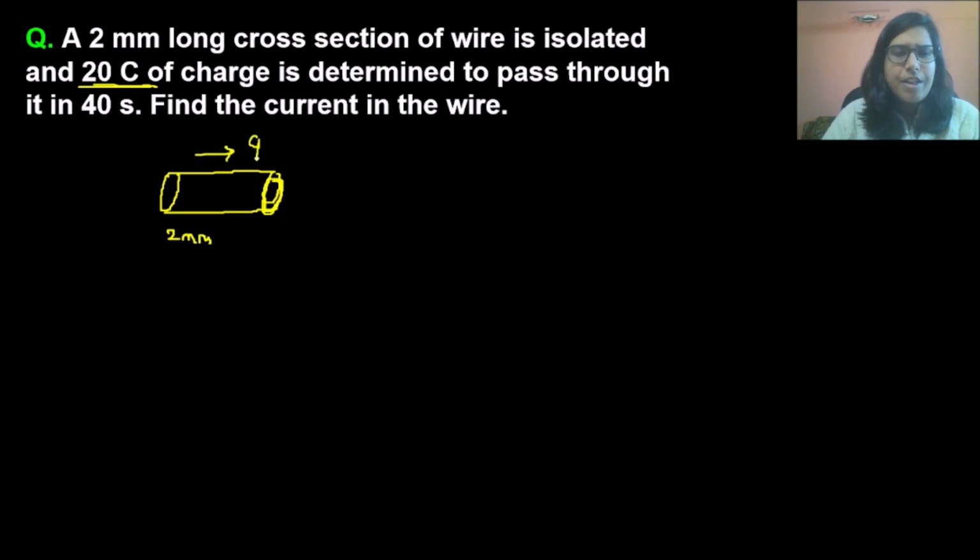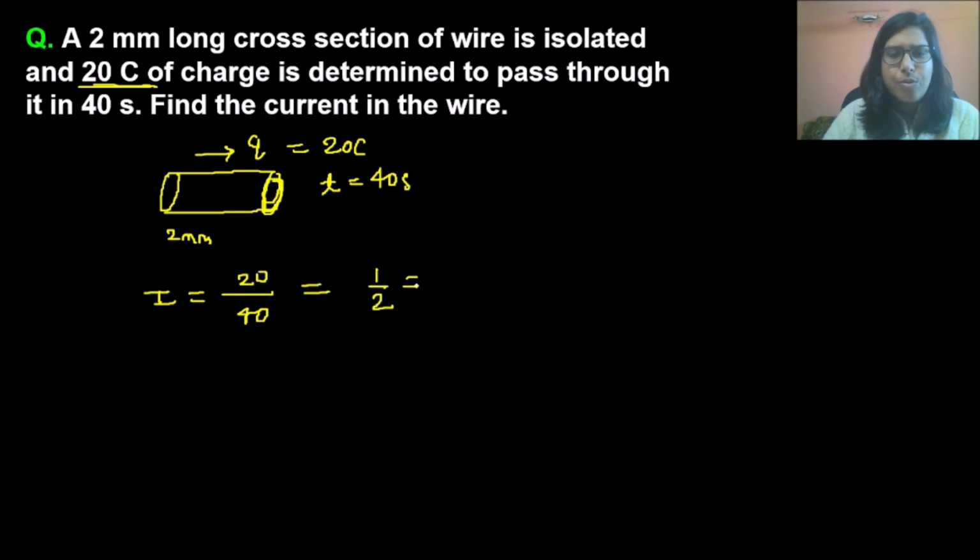Charge flowing in this cross section is 20 coulomb. Time is given 40 seconds. So I will be the total charge flowing through this wire, that is 20 coulomb, and total time is 40 seconds. So this will be 1 by 2, that means 0.5 ampere.